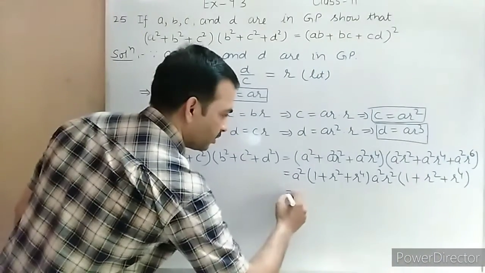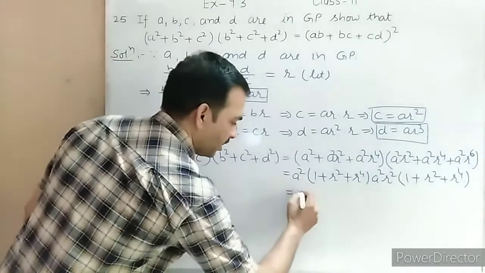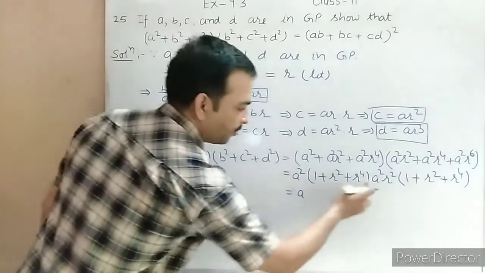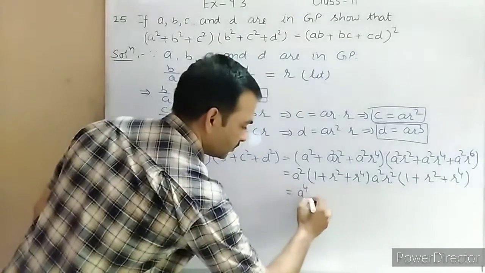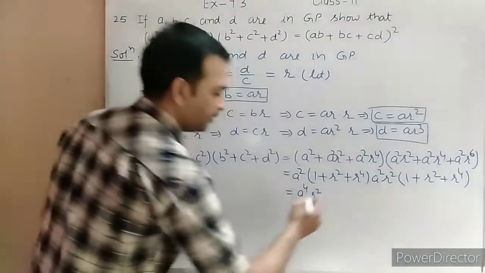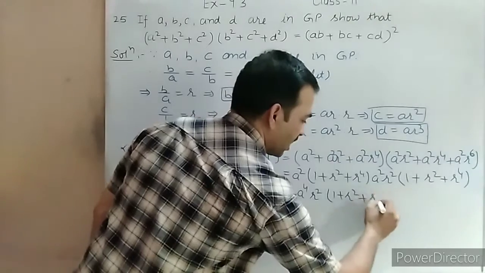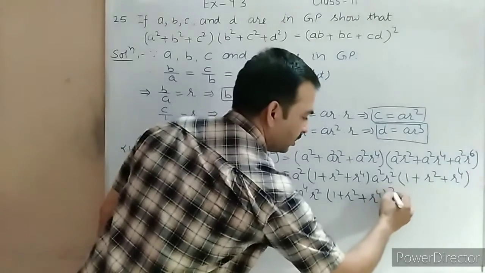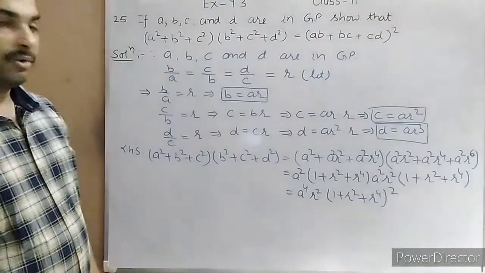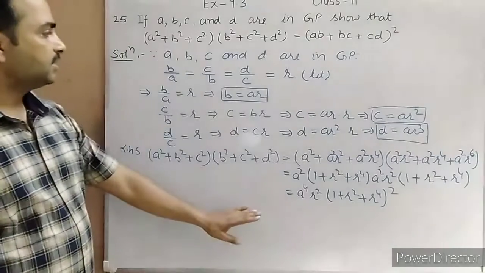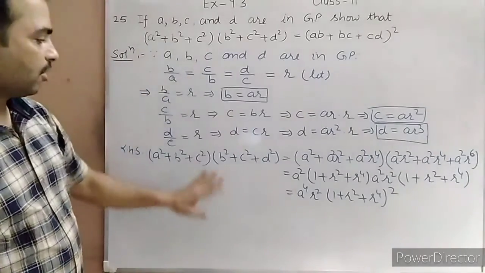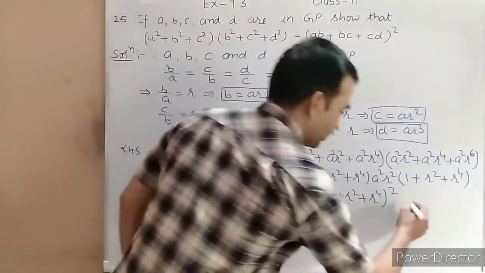So this is again equal to A power 4 R square and 1 plus R square plus R power 4 whole square. Right? So this is the left hand side of this statement.